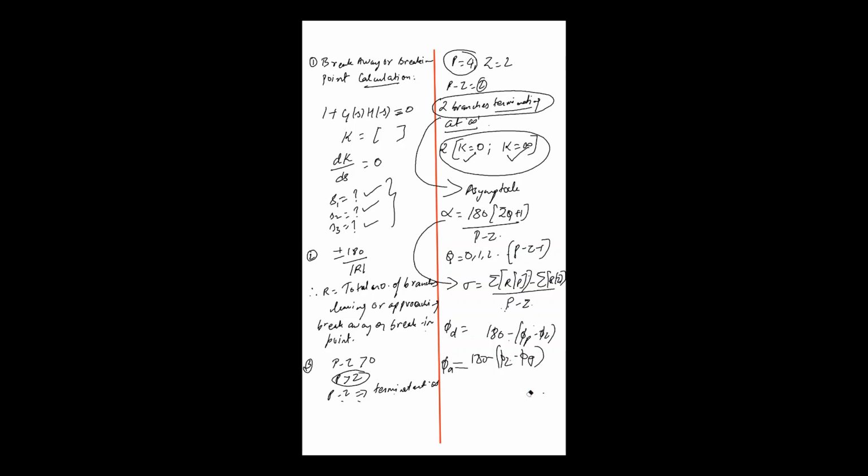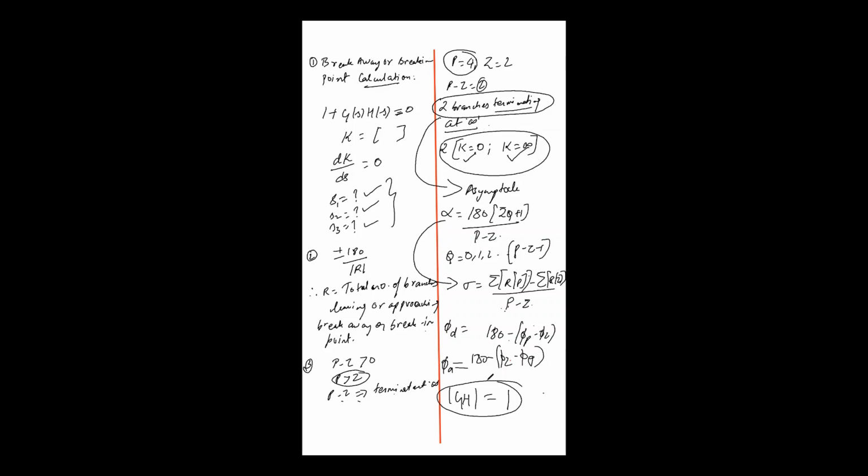Apart from that, you are having two more formulas. First one is the magnitude criteria, where you put mod of GH is equal to 1. This is used to calculate the value of gain k at any point on the root locus. By using this formula, you can calculate the value of k by putting the subsequent values of s.